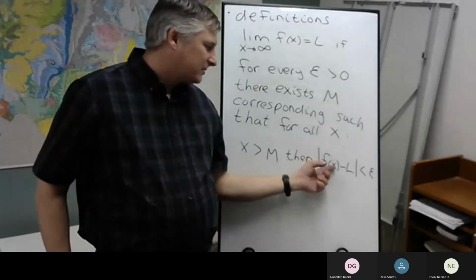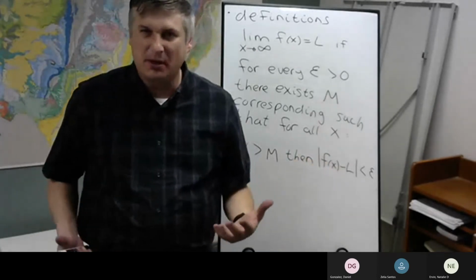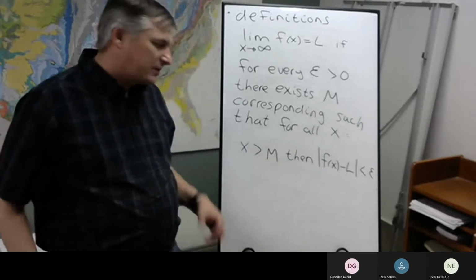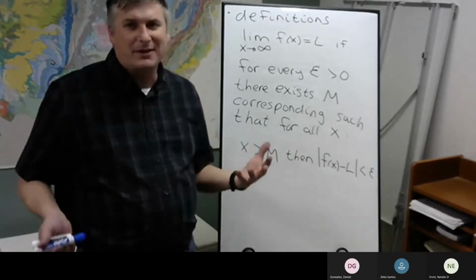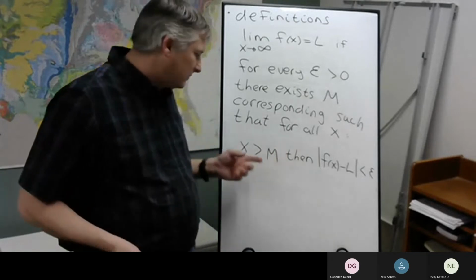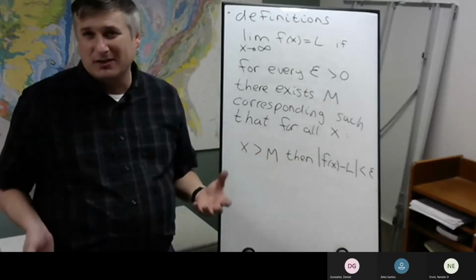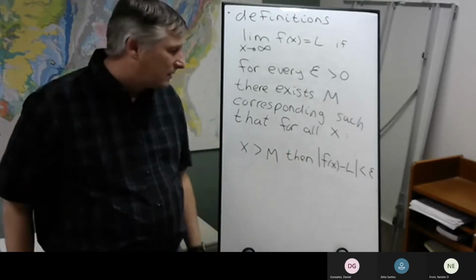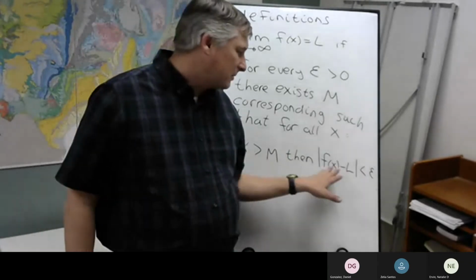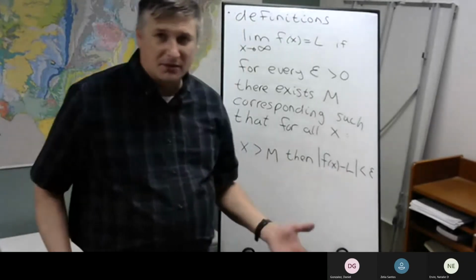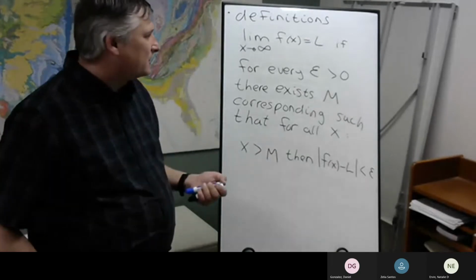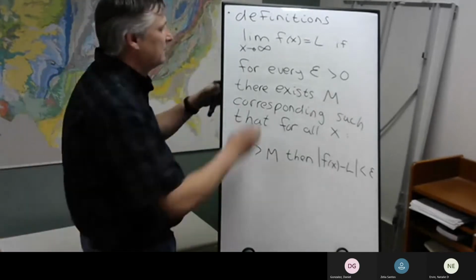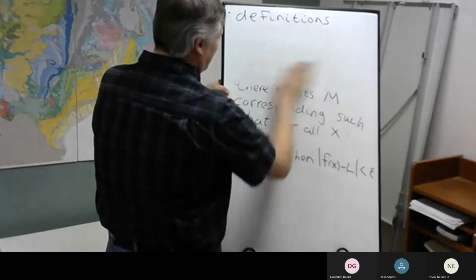If we want f of x kind of close to this limit, then we're going to find some value of x, located somewhere on the x-axis, where when x is bigger than this location on the x-axis, we call that m, then the difference between f of x and the limit is less than epsilon. Now, there's a similar definition for negative infinity. I'll go through that one.